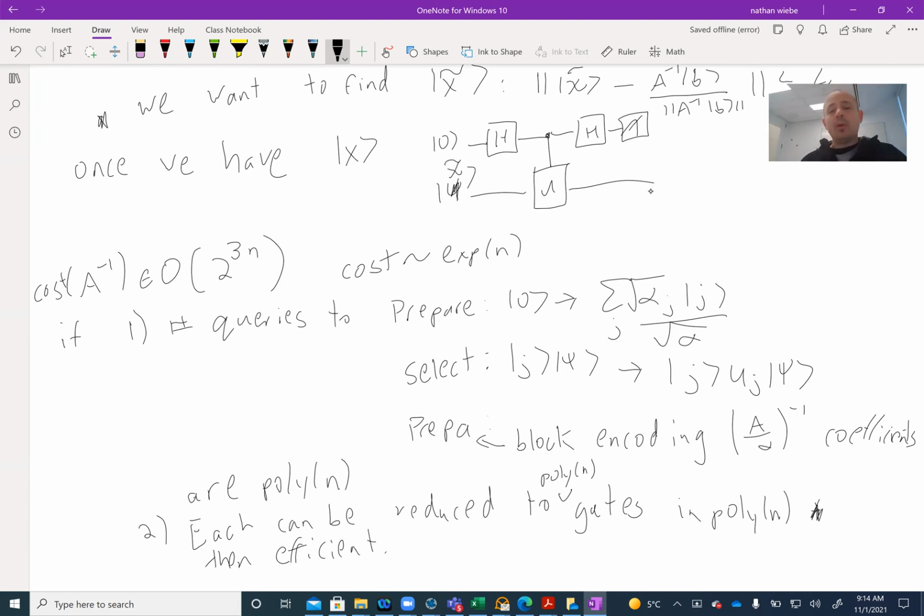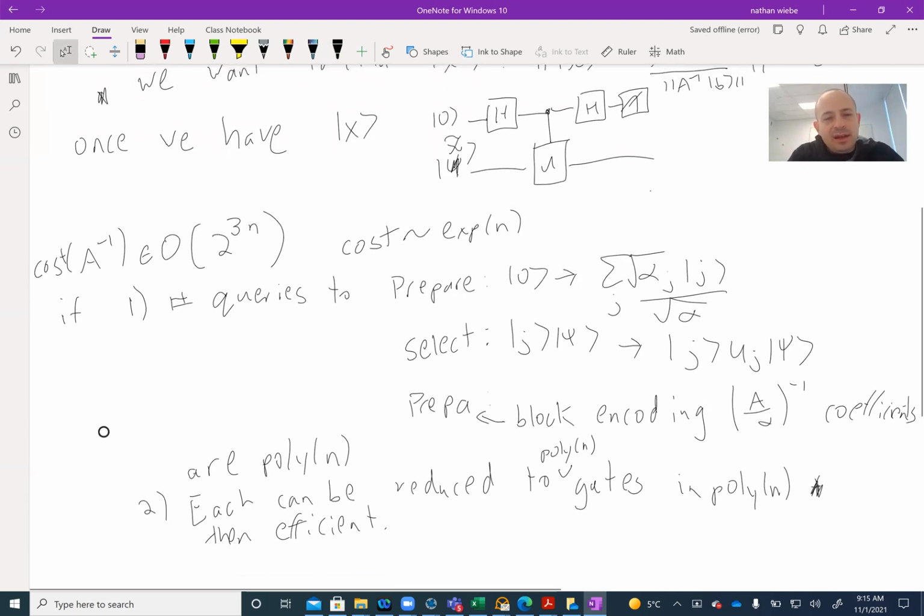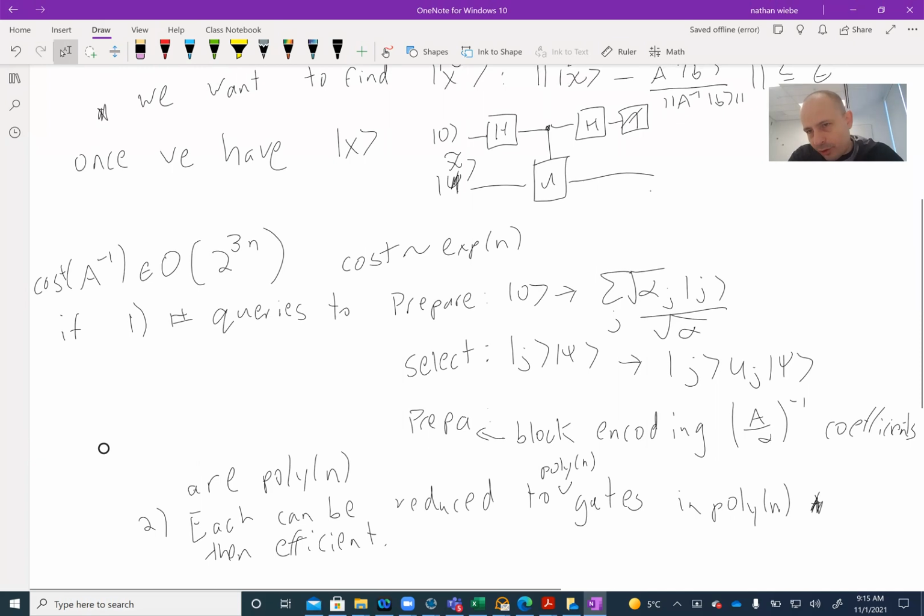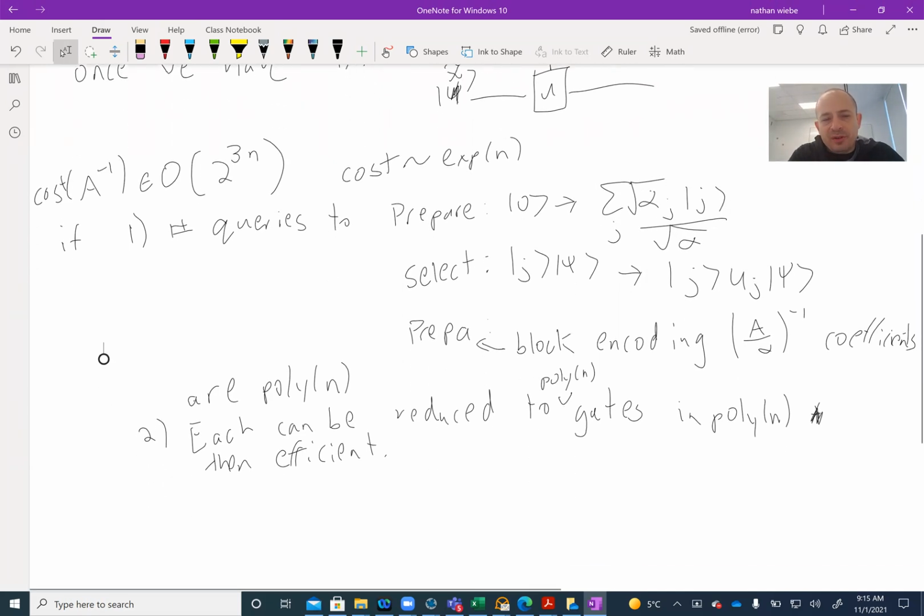And so we'll go through and we'll argue that there will at least exist instances where this is conceivably efficient. Okay, so moral of the story is that we can get exponential speedups under some circumstances for this particular problem.